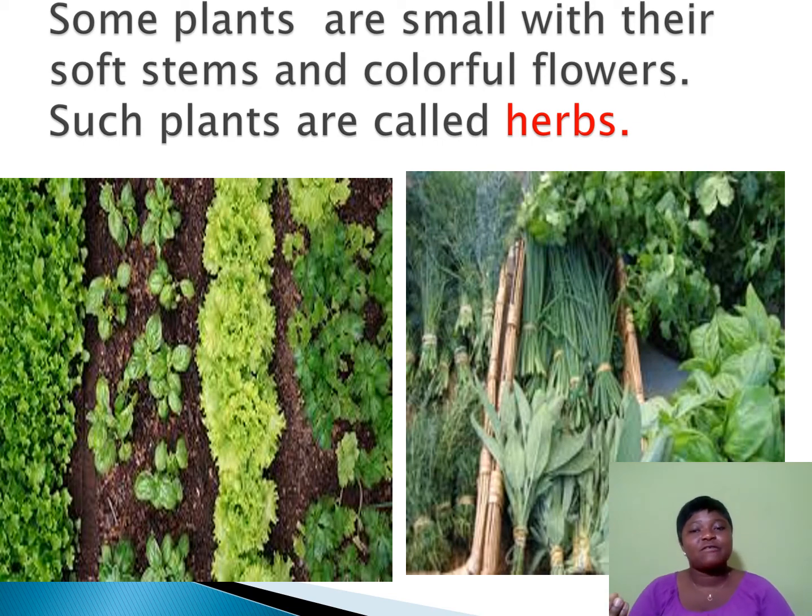And plants that have small flowers and soft stems are called what? Herbs. We see some spring onions, cucumbers, cabbage, and so on here. They are all what? Herbs. Good. So plants are small with their soft stems and colorful flowers. Such plants are called what? Herbs. Good.